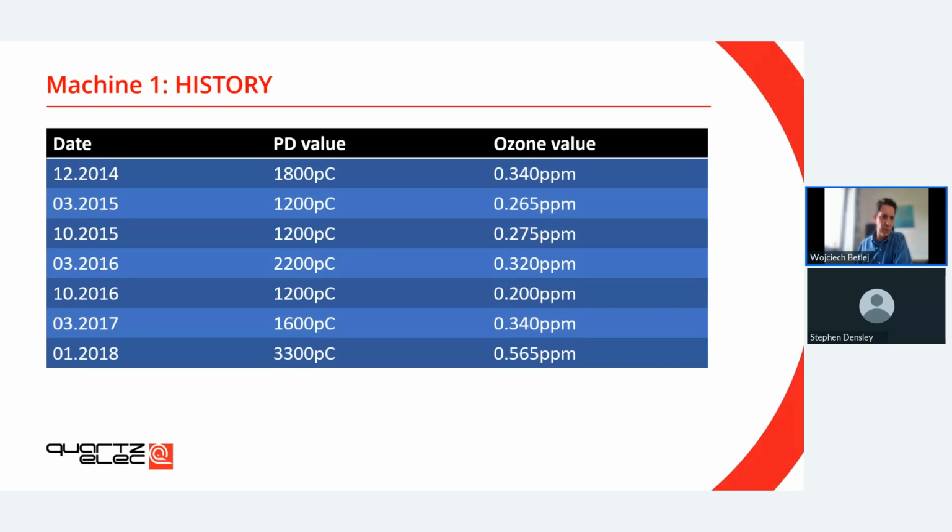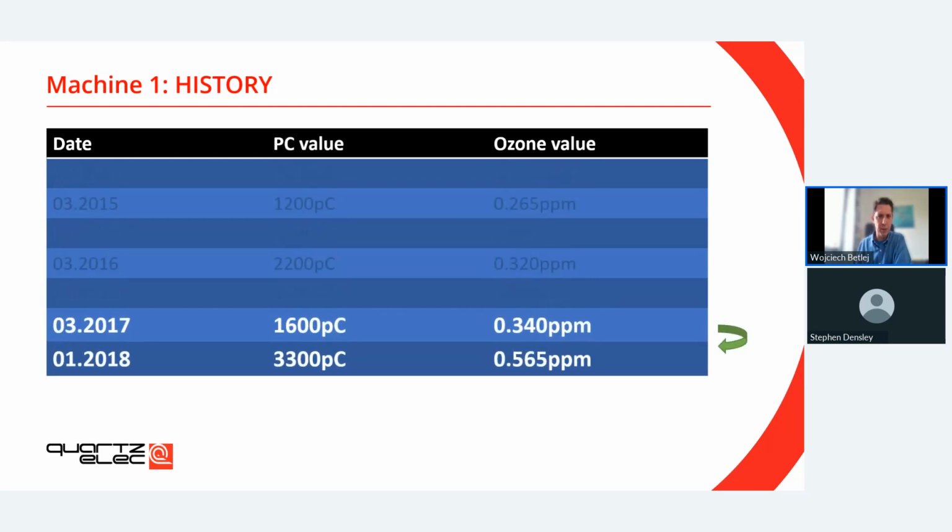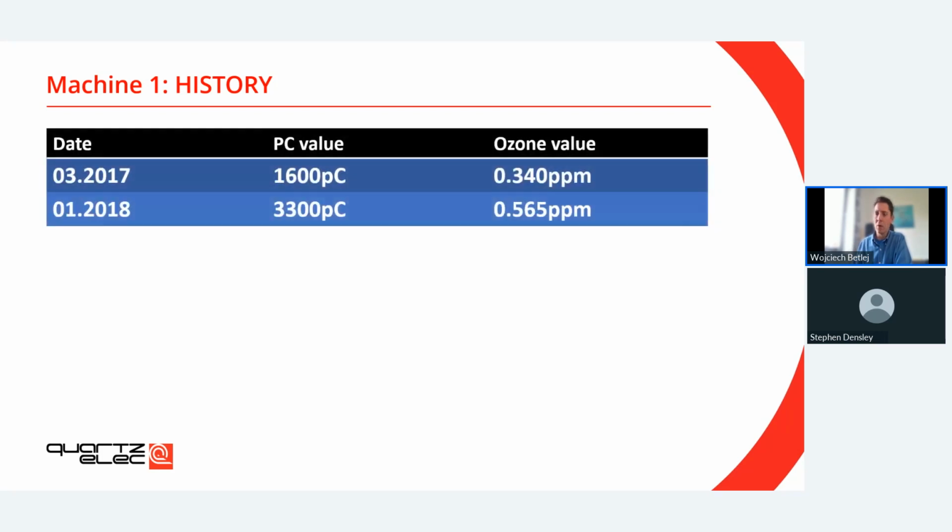These are the results from 2014 up to 2018. And you can see the column with the PD value. And on the right-hand side, you can see the value of the ozone content. And what I want you to focus on is the bottom here. What you see here is that jump between, in this case, 1.6 nanocoulombs up to 3.3 nanocoulombs.